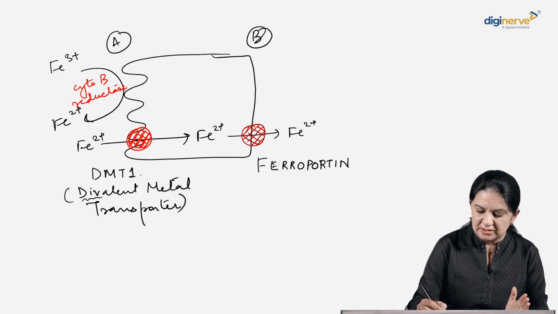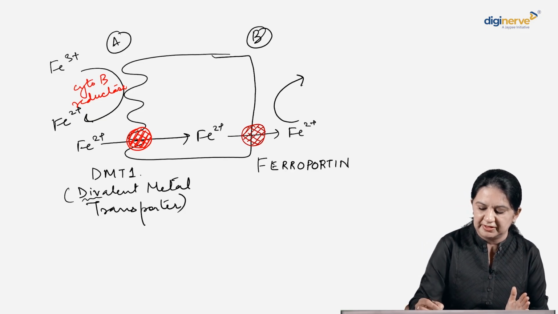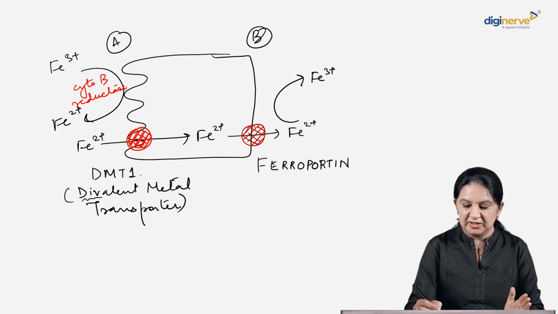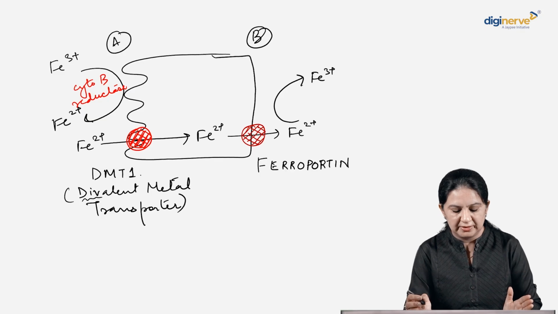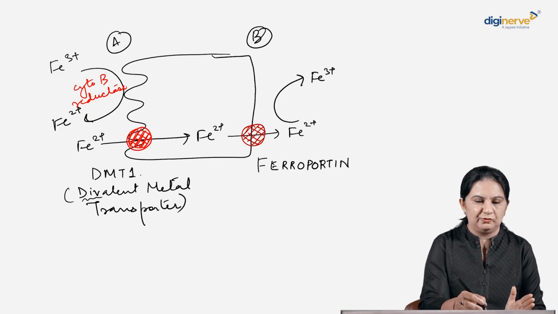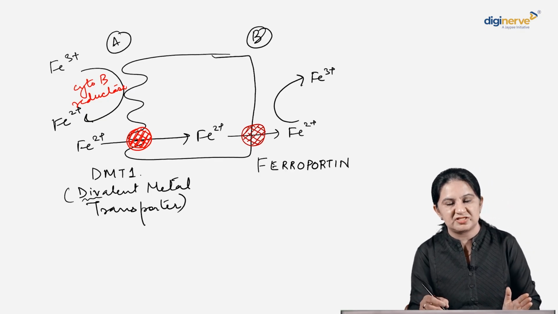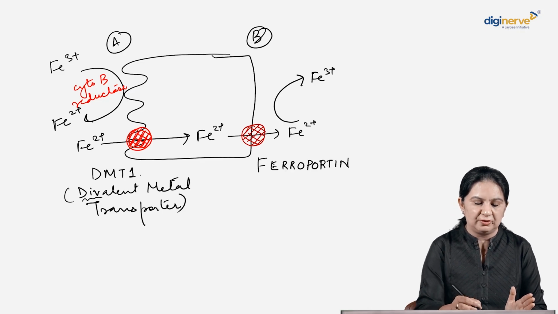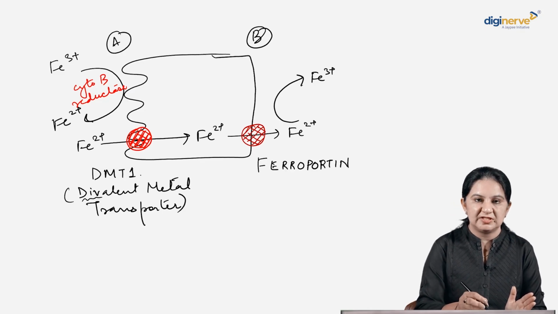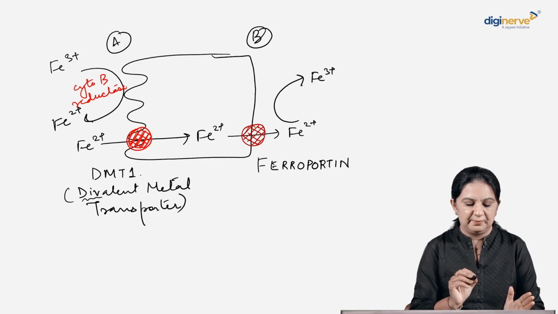So this now again has to be converted into ferric form so that it can be circulated in the blood. So basically this ferric to ferrous, and ferrous back to ferric outside the cell, was only because of this DMT1. This takes only the divalent metals.